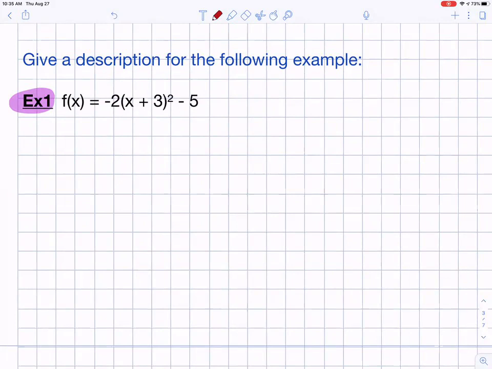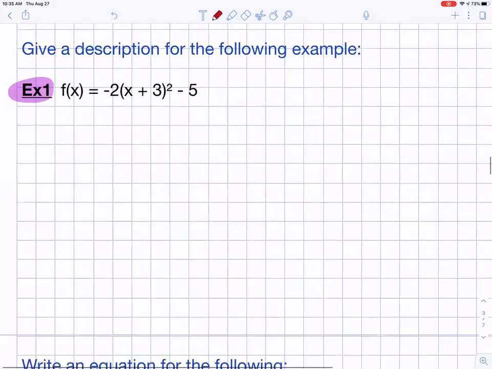Let's start out by using some of the easy stuff. Like, what does that guy tell me to do? Left 3. Remember, adding and subtracting on the inside, you're gonna go left and right, and it's backward from what you expect it to be. Okay? Another easy one, what's this guy? Down 5.